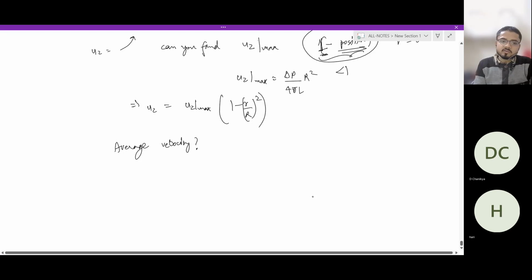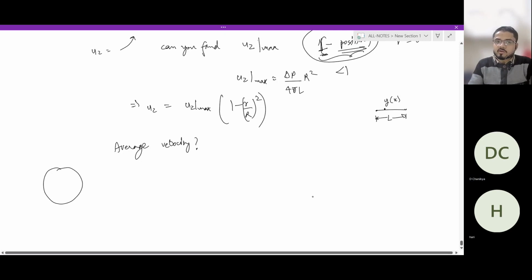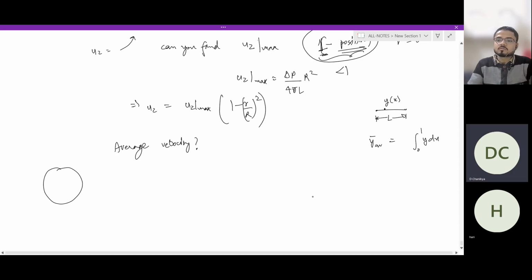So how do you define the average velocity? Let me tell you the formulation. For example, this is L, and this is the value y at something like x. Then how do you define the average? Y average would be equal to the integral of y dx from 0 to L divided by the integral of dx from 0 to L, right? Yes.